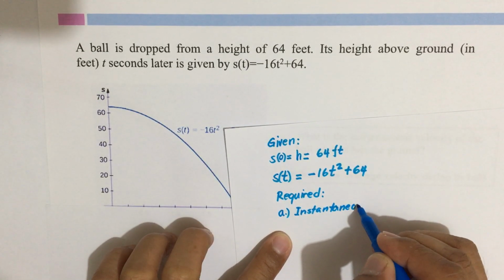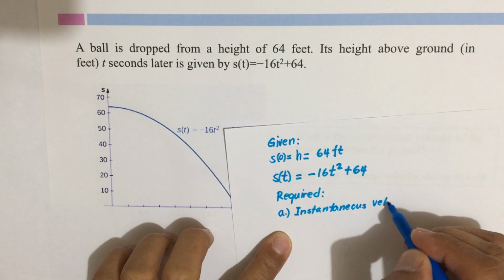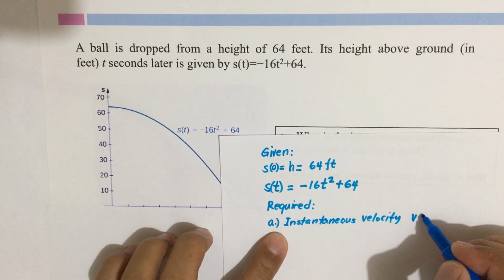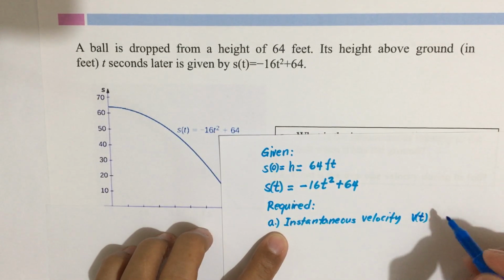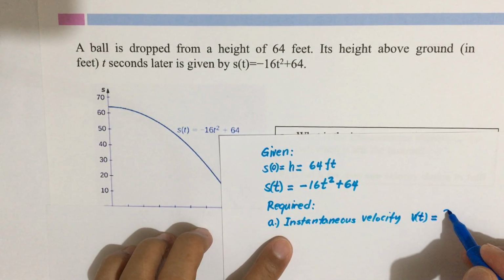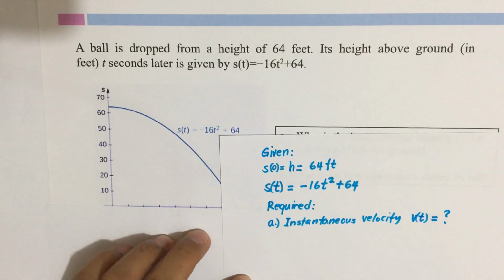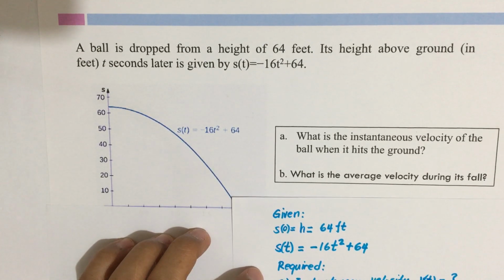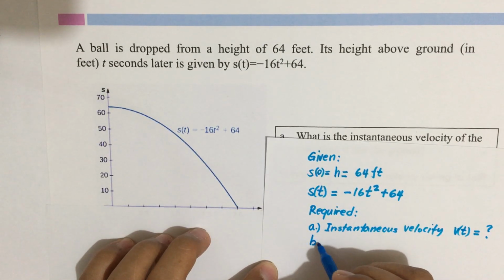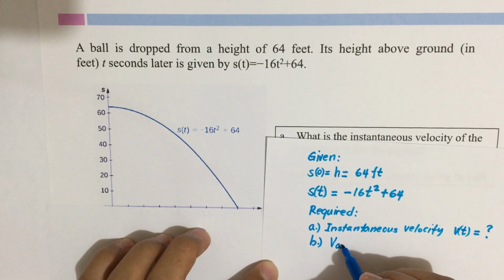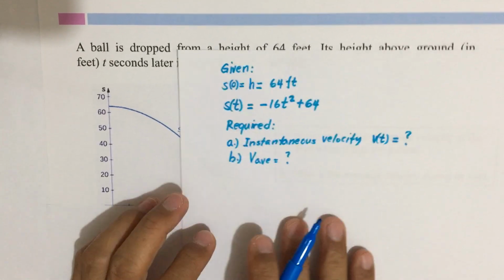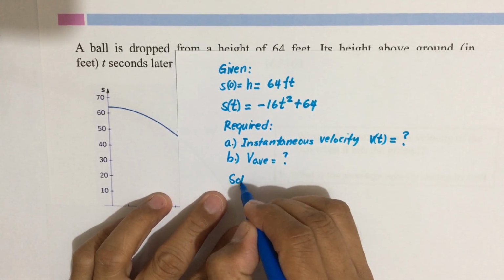Instantaneous velocity. So just think of it as v sub t. So we are going to find the v sub t. Then the other requirement is, what is the average velocity during its fall? So velocity average, or average velocity. Alright, so these are the givens. So let us now have the solution.